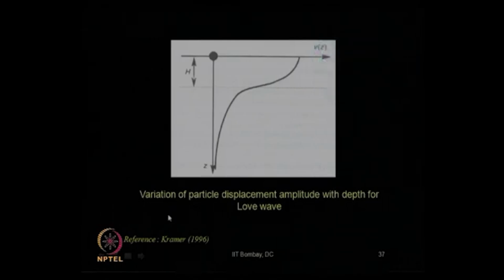So, this is the variation of particle displacement amplitude with respect to depth for a Love wave. You can see only in that surficial layer the particle velocity will be significant. Beyond that, it significantly diminishes or gradually goes to 0 as the depth increases. So, obviously, its effect is seen only at a shallow, finite depth close to the ground surface.